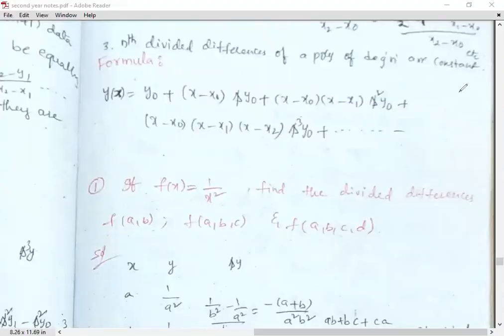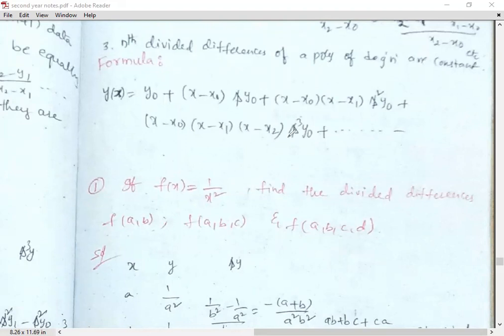Like Newton's forward formula, we can write Newton's divided difference formula as y of x is equal to y naught plus x minus x naught into first divided difference from y naught, plus x minus x naught into x minus x1 into second divided difference from y naught, plus x minus x naught into x minus x1 into x minus x2 into third divided difference from y naught.